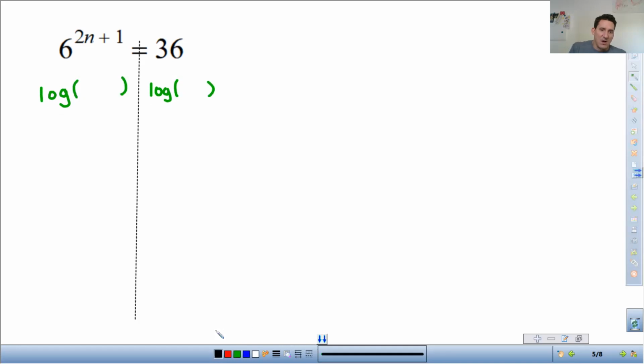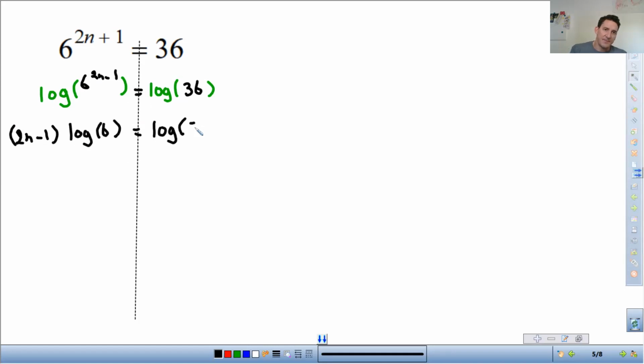So it's the log of 6^(2n minus 1) is equal to the log of 36. So now I can use the property of logs to move that 2n minus 1 out front. And then I'm left with log of 6 here, and then log of 36. Divide both sides by the log of 6.